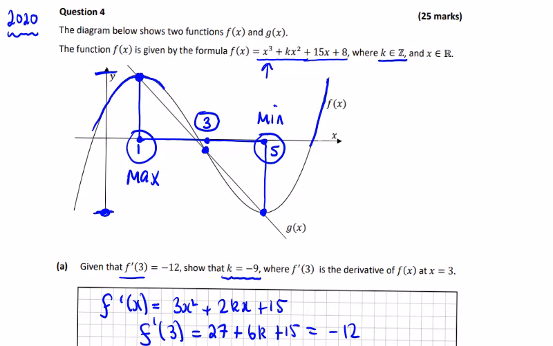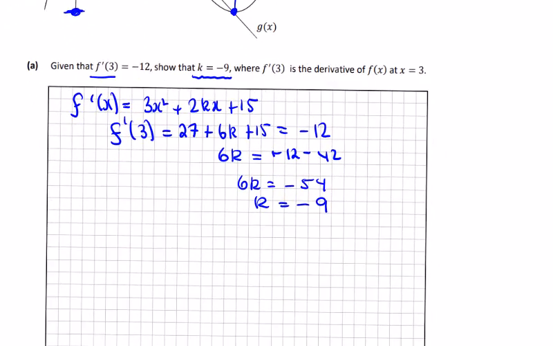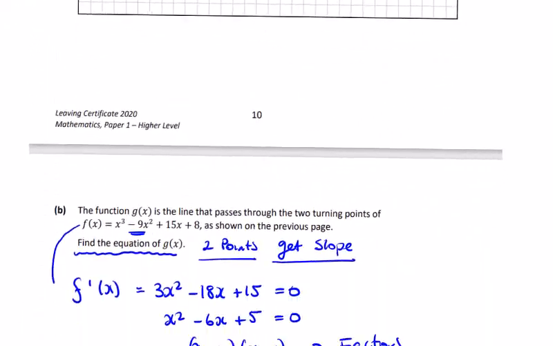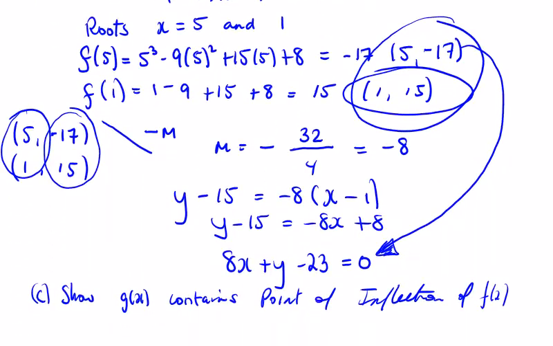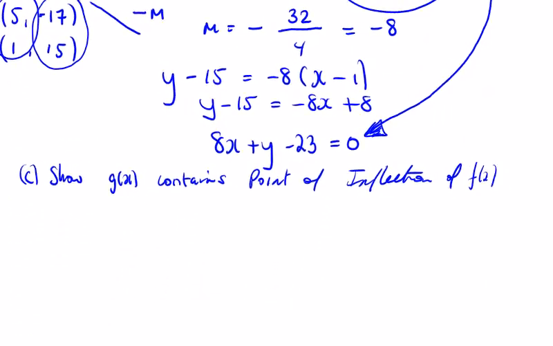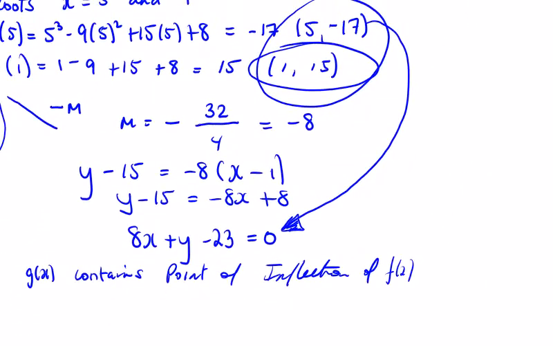So if we put 3 into our equation, we're going to get a value. We get the midpoint of 5 and 1 by adding them together and dividing by 2. We get our midpoint, minus 17 and 15, add them together, minus 2, minus 1.